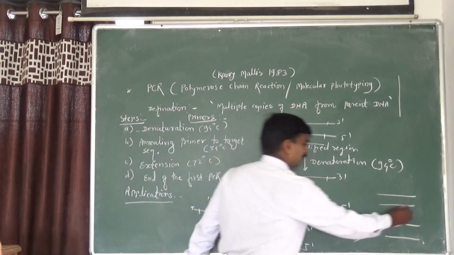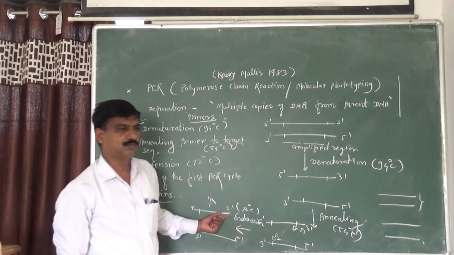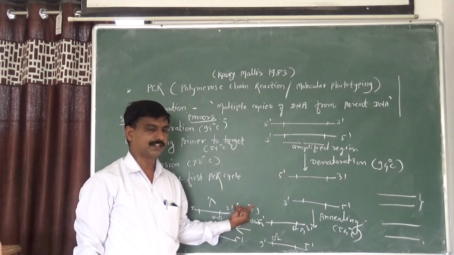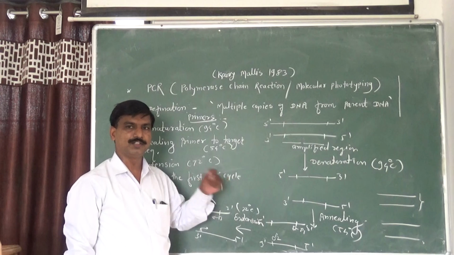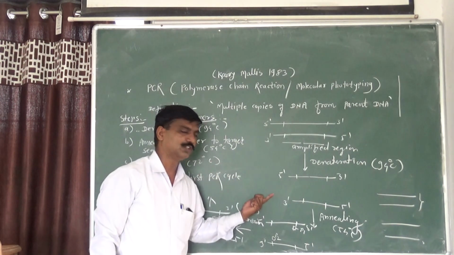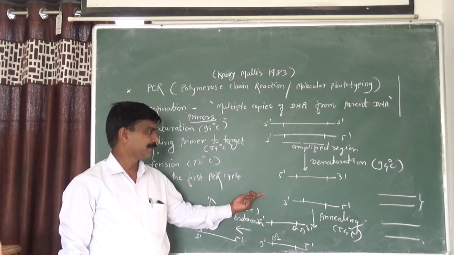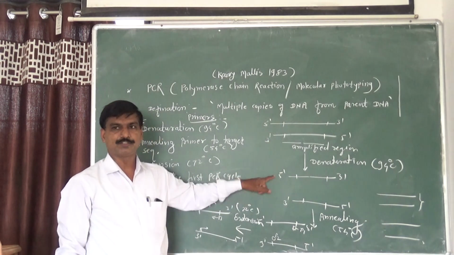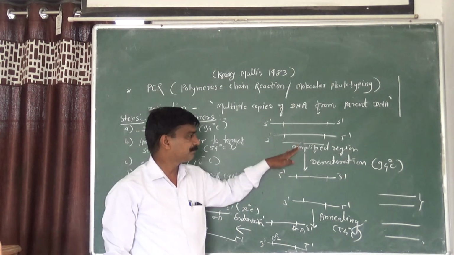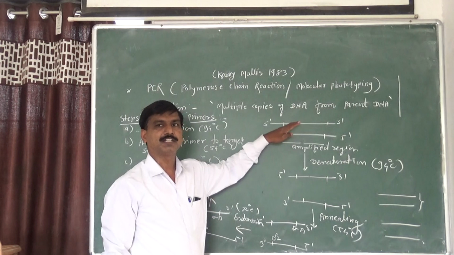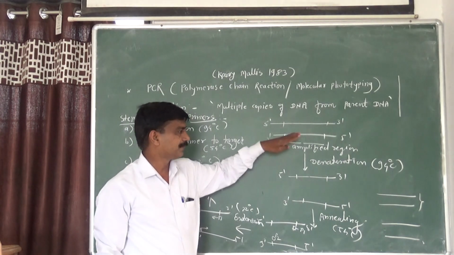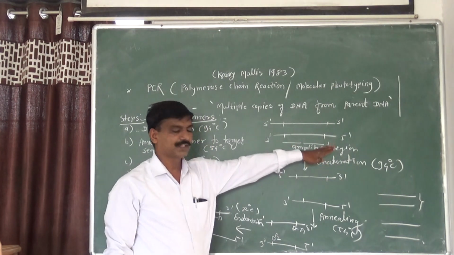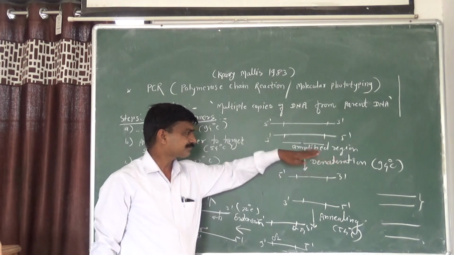The first cycle forms two strands, and then the second cycle follows; these are continuous cycles in the PCR machine. Denaturation means breakdown of the double-stranded DNA structure at 94 degrees centigrade.